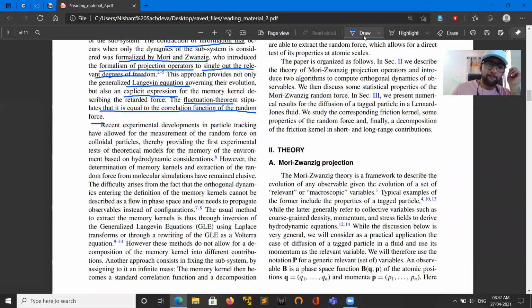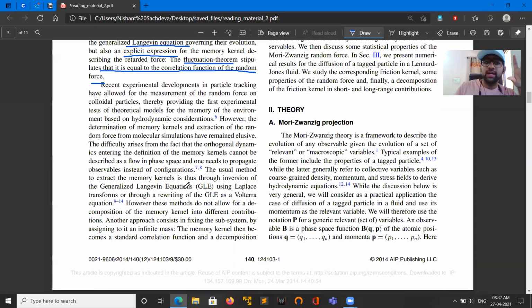Now, the recent experimental developments in particle tracking. Basically, we have a box and there are particles, and normally they randomly move around. They're not easy to track, but there have been recent technological developments that help in tracking, and they have allowed for the measurement of the random force on colloidal particles.